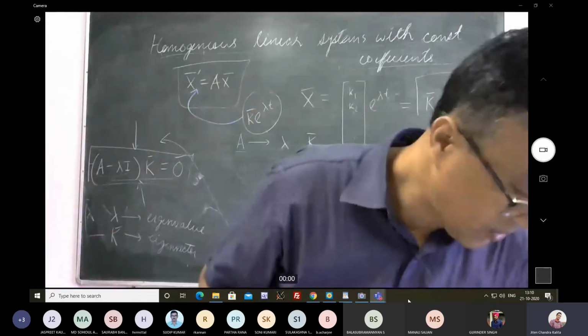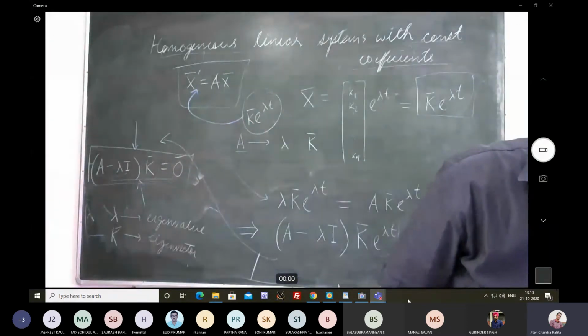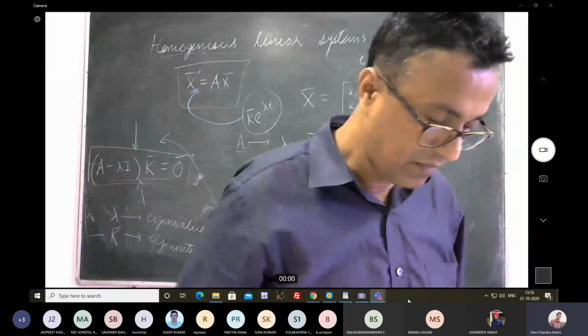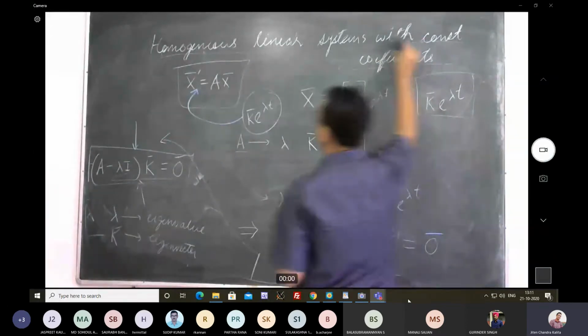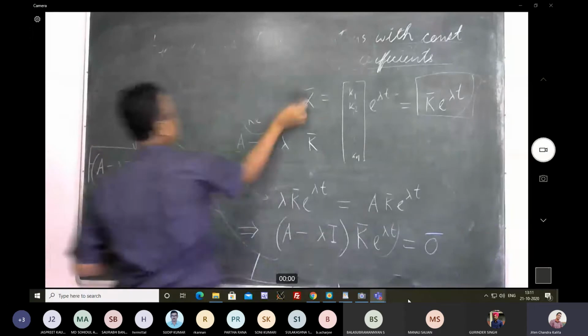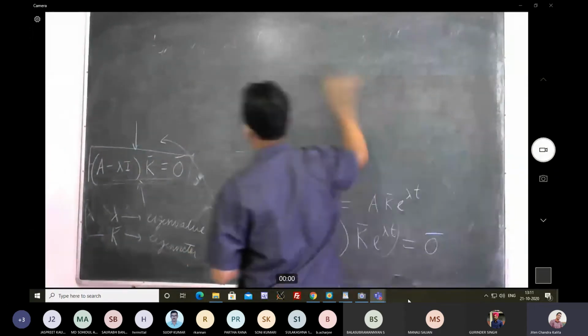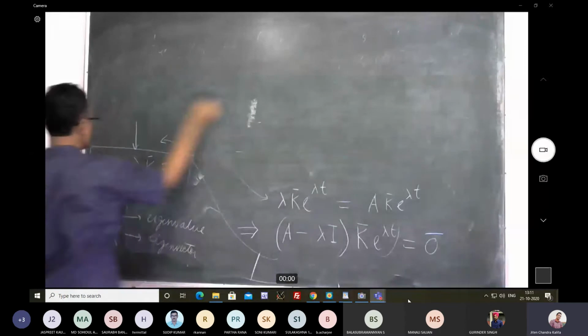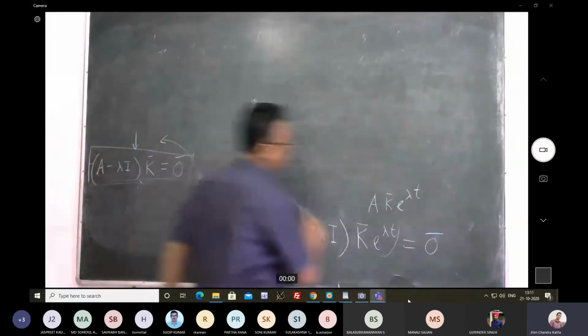Okay, fine. So now, let us just do one very small example, and then I'll give you a more complicated one. I'm not even talking about the roots, the nature of the roots.